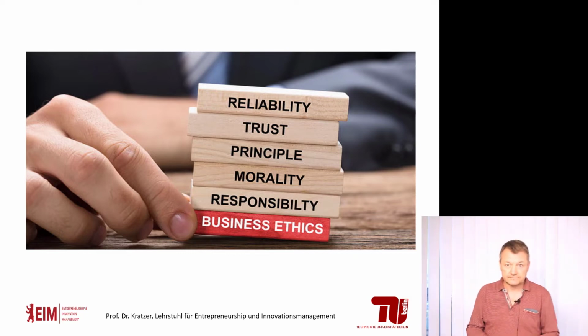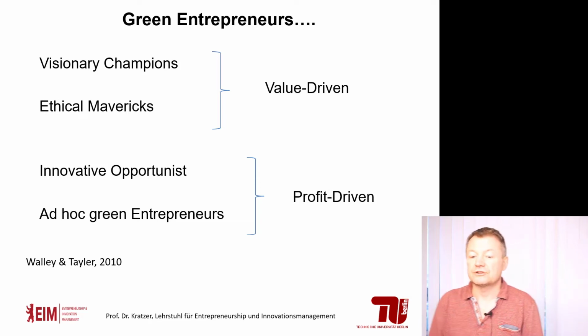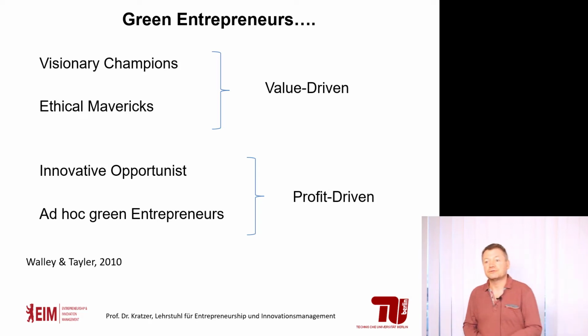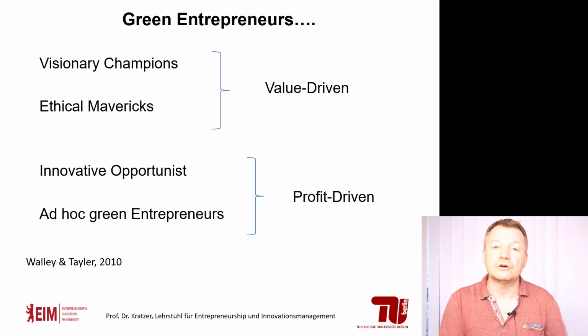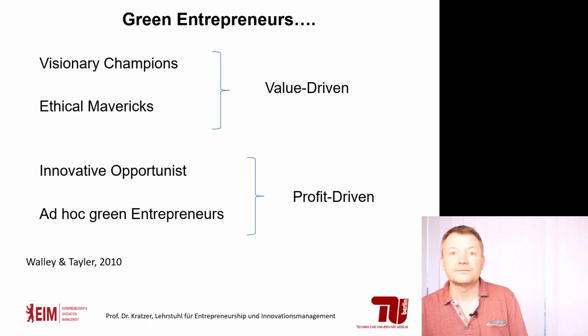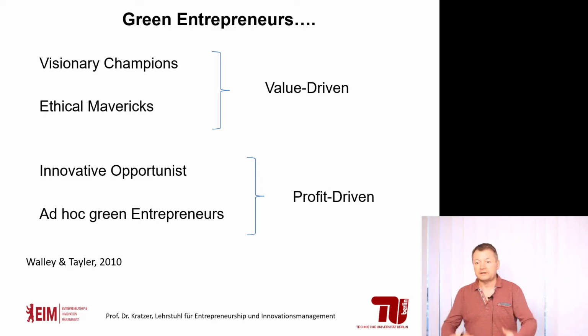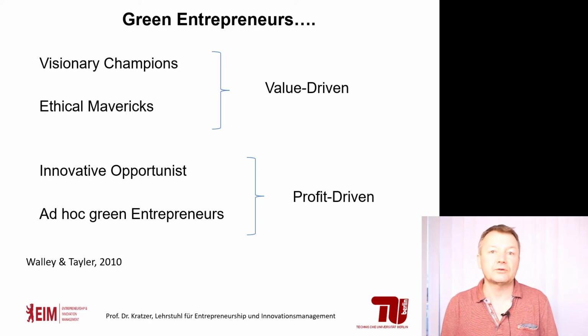There's research done talking about the types of entrepreneurs. I don't know if this classification holds, but you have a very general picture presented by Valley and Tyler into visionary champions and ethical mavericks that are value-driven, people who want to go for a sustainable transformation without economic returns, and you have people believing that innovating, doing something new, can also result in economic returns and a sustainable transition.